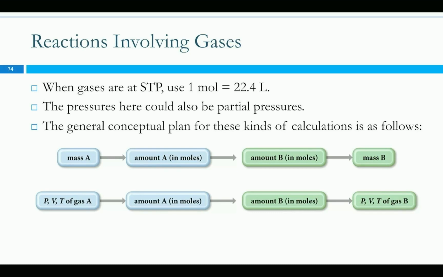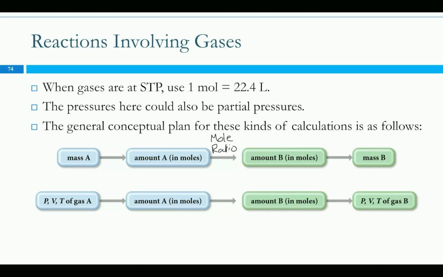So again, the conceptual plan is the same as converting mass to amount of moles, and then using the mole ratio from a balanced chemical equation to find the moles of another compound or another species in the reaction, and then finding the mass. Now we're just using pressure, volume, temperature of a gas to find the number of moles.